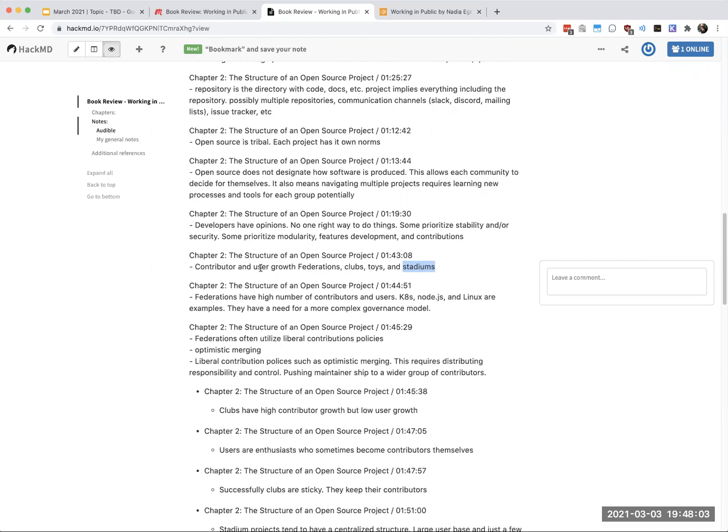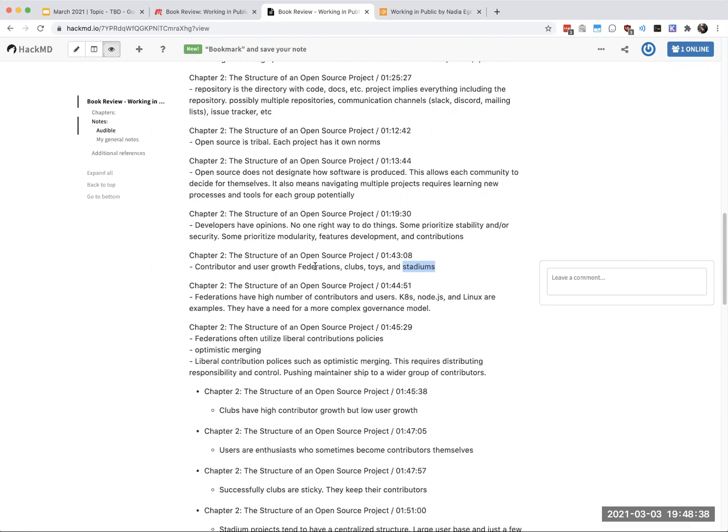And one of the things that was noted was that federations, even though they're kind of the ideal, where you have a large number of contributors, you distribute the work, and you also have a high number of users that want to use it, are actually a much smaller number of open source projects out there. And I wonder if that's true for non-open source. You may have some thoughts on that, Watson, as far as enterprise software.